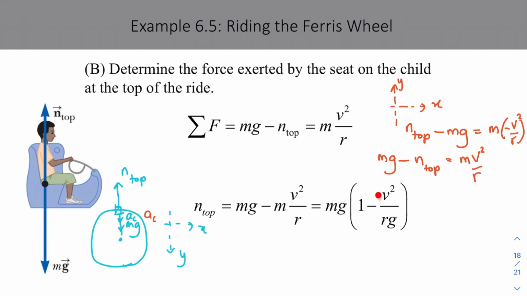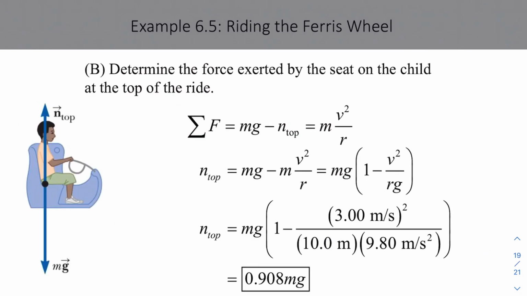If you see here, it's minus. What does that mean? Less, isn't it? So if we substitute the values, the normal experienced by the child at the top position is 0.908 times the mg of the child.